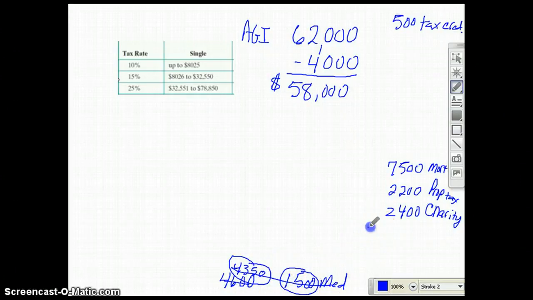Now let's take all of these numbers and add them up. That's 9,000, so that's 11,000, 12,100.